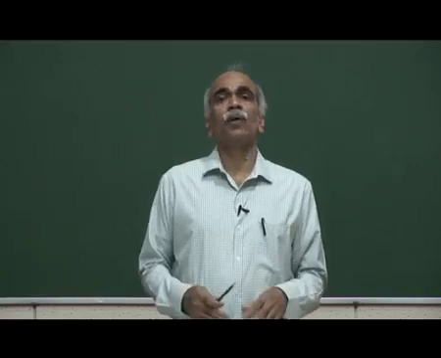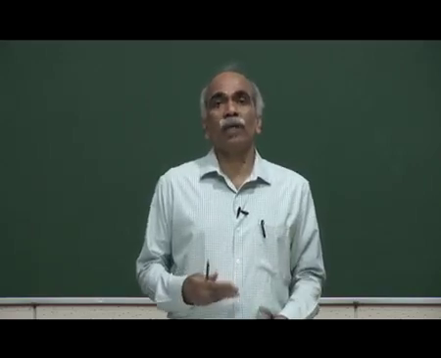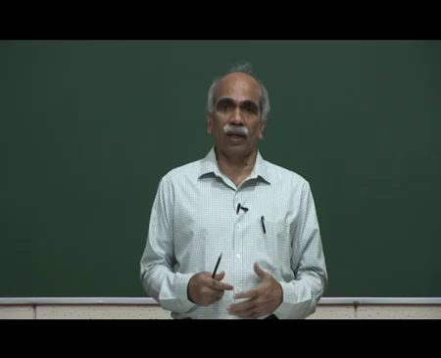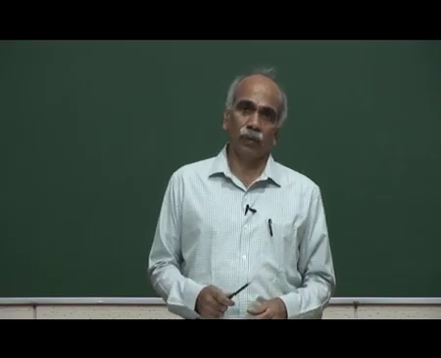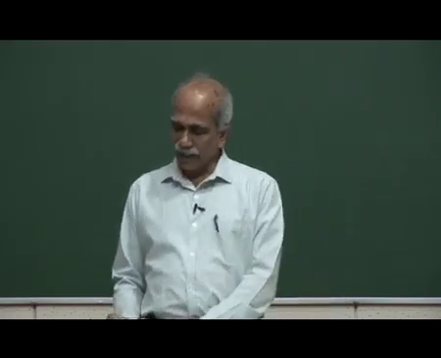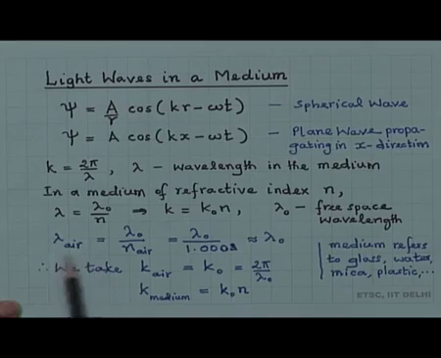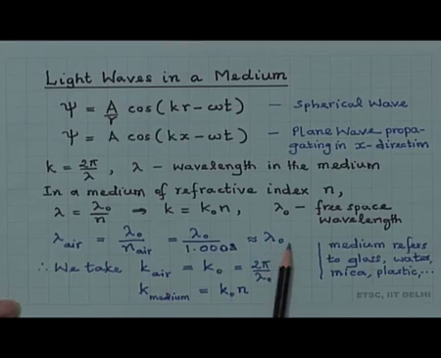Lambda air we consider as nearly equal to lambda 0. In other words, k air, the phase constant 2 pi by lambda in air, is assumed to be equal to k0, the free space phase constant 2 pi by lambda 0.